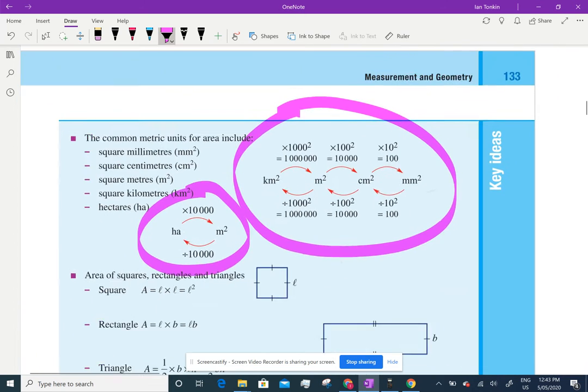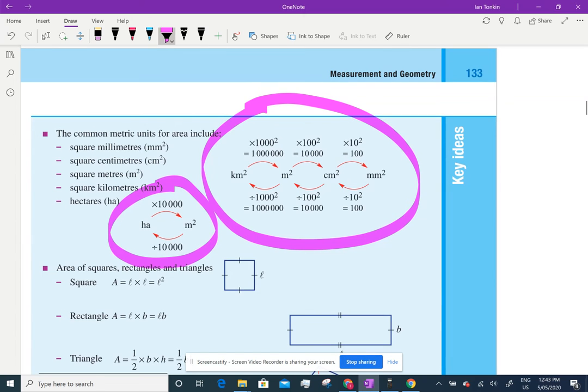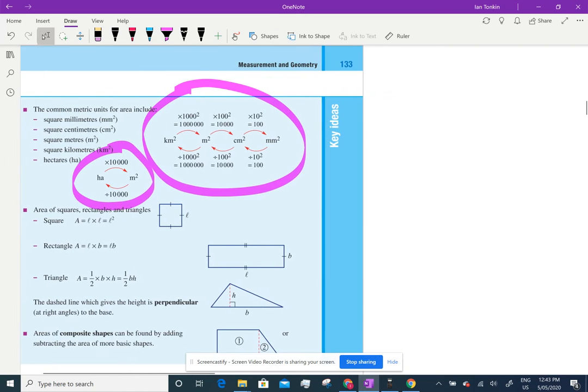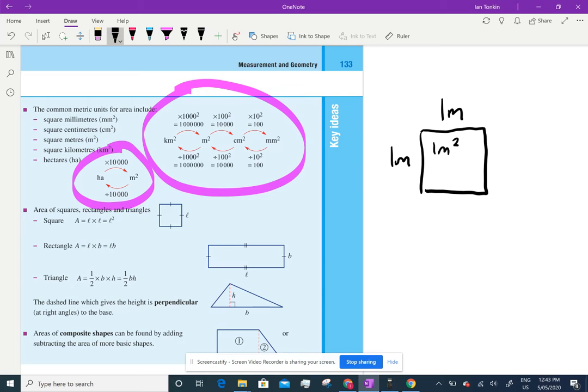Now, I never remember those things, or I never used to when I was at school. I used to draw myself a square, which is going to be part of the first question. So I'd go, if I've got a metre squared, that's 1 metre, and that's 1 metre. Well, that means that's 1 metre squared.